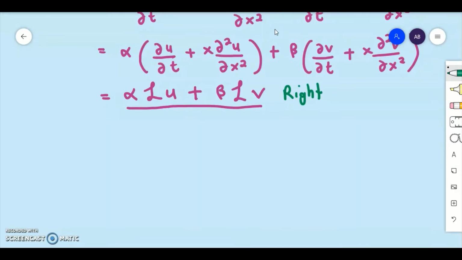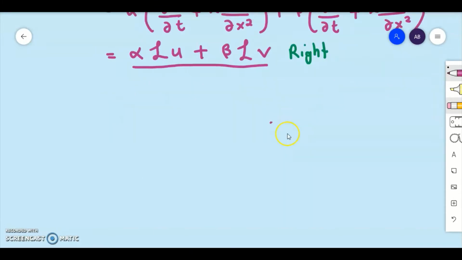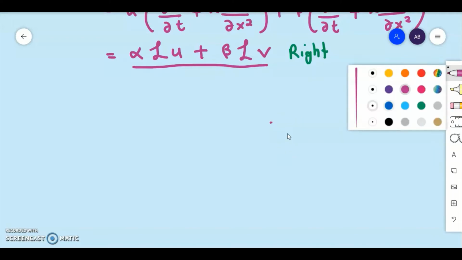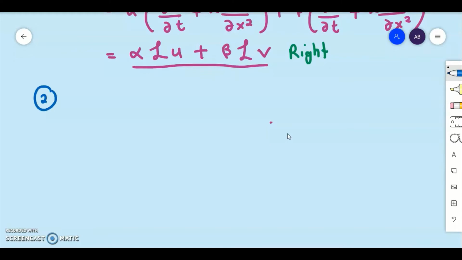Okay, so let me show you one more example. In this second example, I want to show whether the given equation is linear or non-linear. I have the equation u_tt minus e to the negative t u_xx equals sine t.